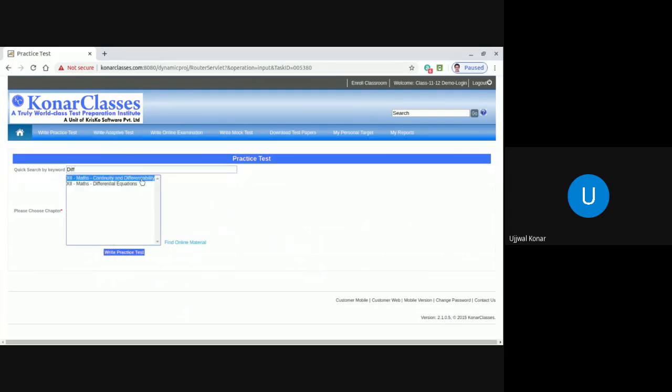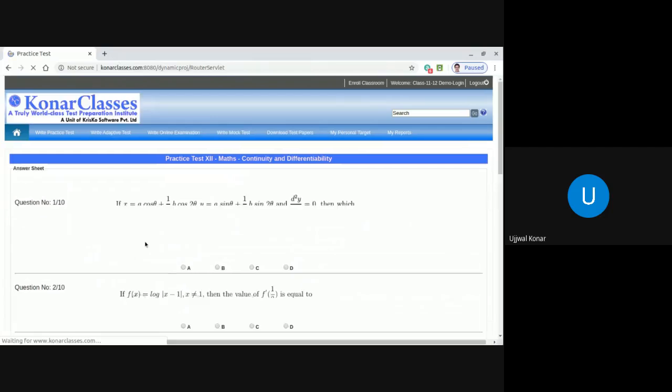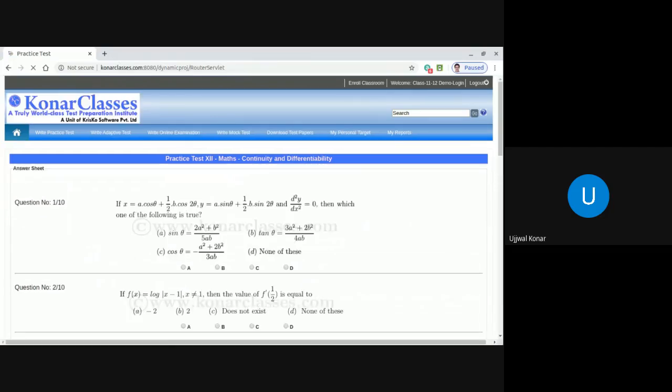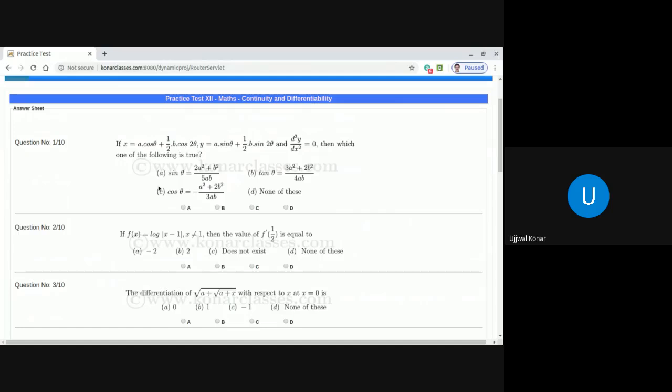You see, continuity and differentiability and the right practice test. These are great questions actually. Believe me, the more and more you practice, the more confidence you get. Suppose tomorrow you get similar questions to whatever we have done so far, you'll be able to answer very easily, because it resides in your mind.